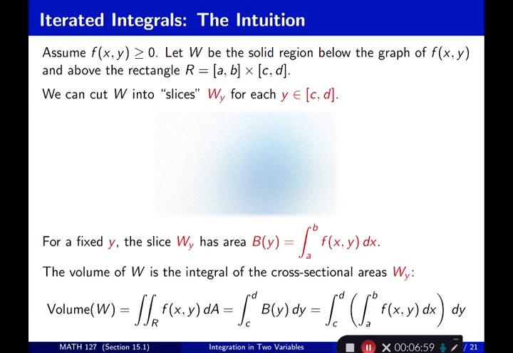Rewrite B(y), and you see the inner integral is the one variable integral of f of x and y dx from a to b, and then the outer integral uses that function and integrates it from c to d over dy.